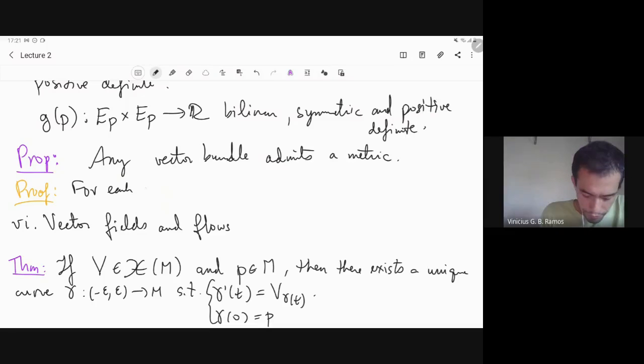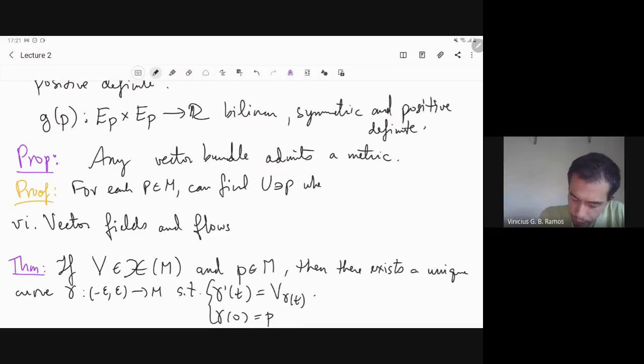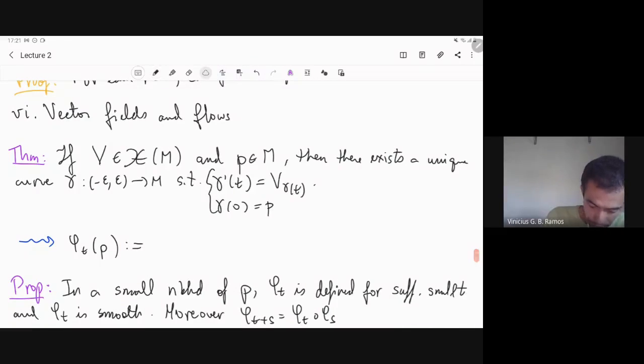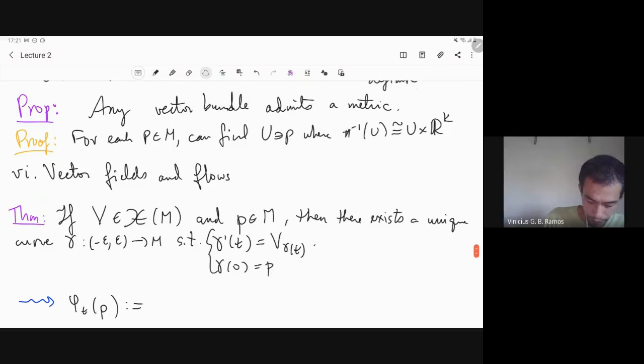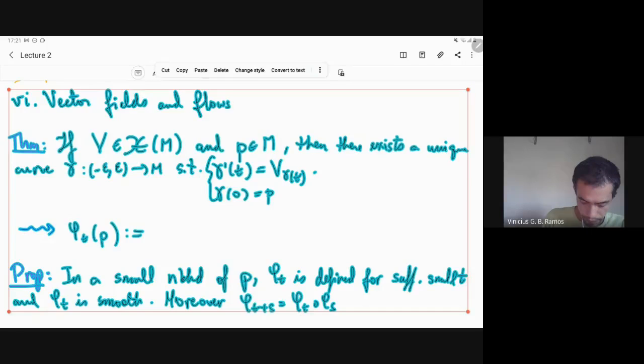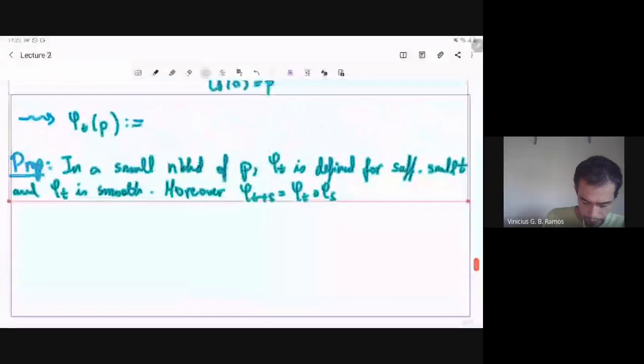So for each p in M, we can find a neighborhood where the pre-image of U is isomorphic to U times R^k.